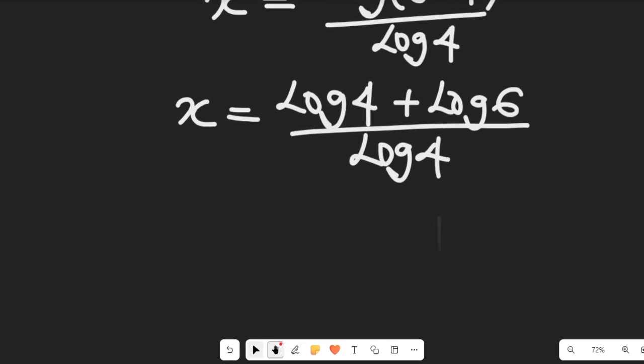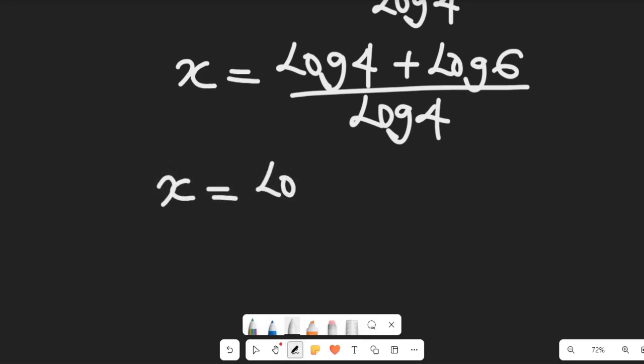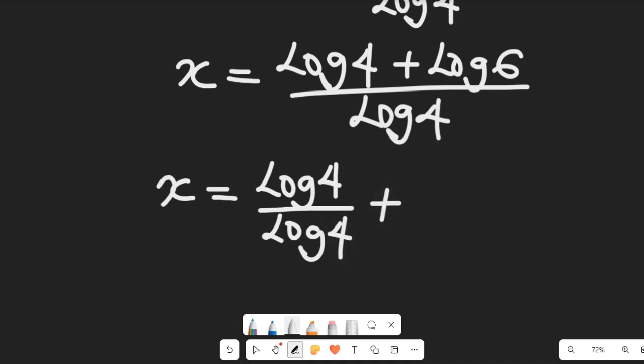Now, according to the laws of indices, I can still expand that. If I expand that, this can give me x equal to the log of 4 divided by the log of 4, right? And this will be plus the log of 6 divided by the log of 4.